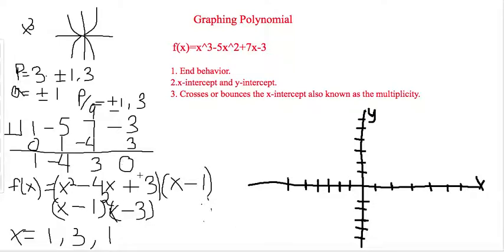Before I graph, let's find our y-intercept. To find the y-intercept, you simply plug in 0 for the function. So 0 cubed is 0.